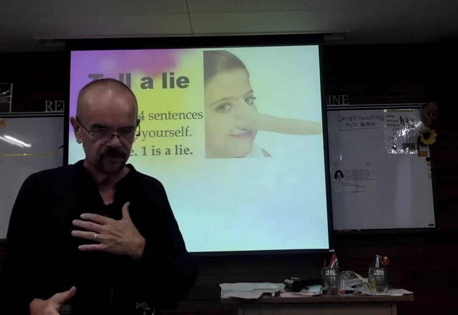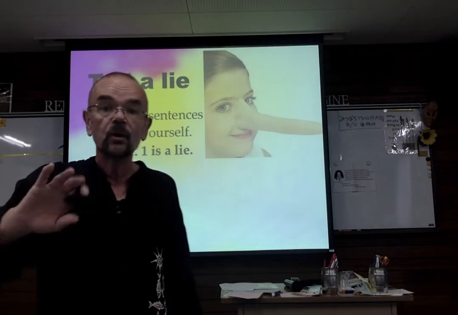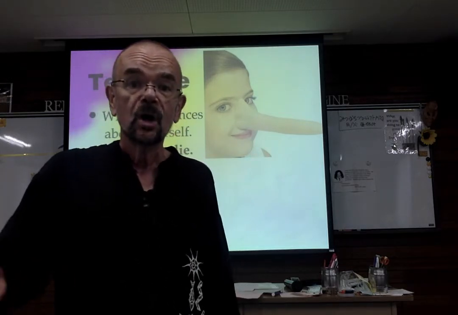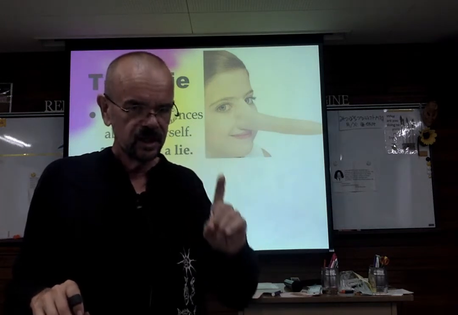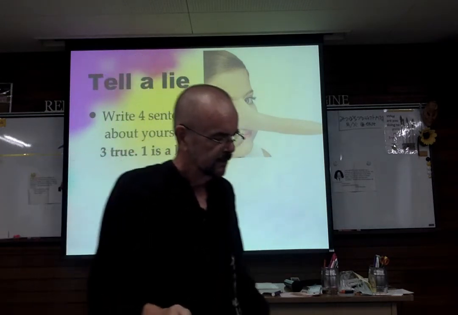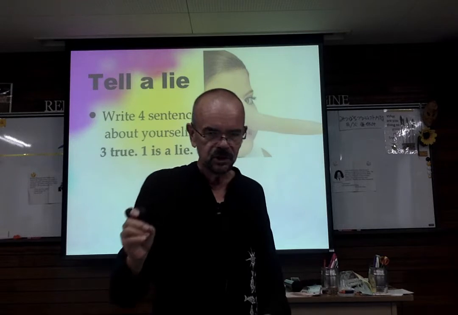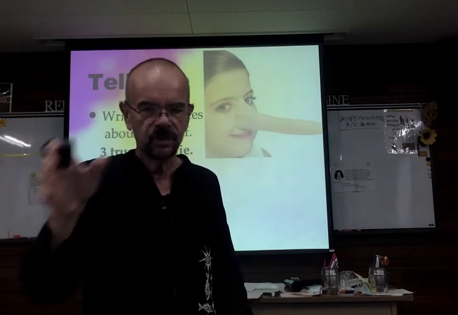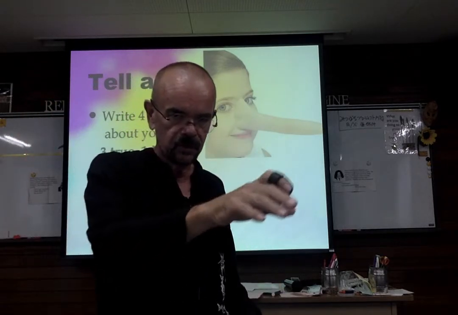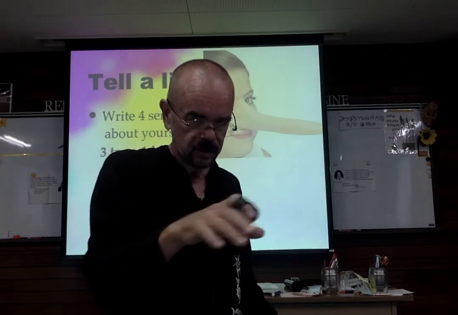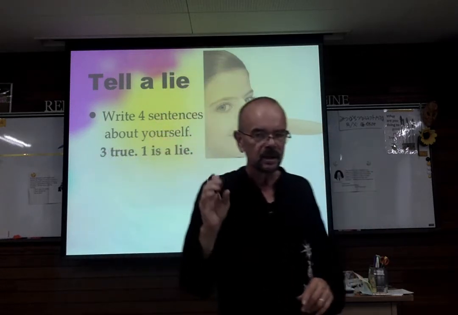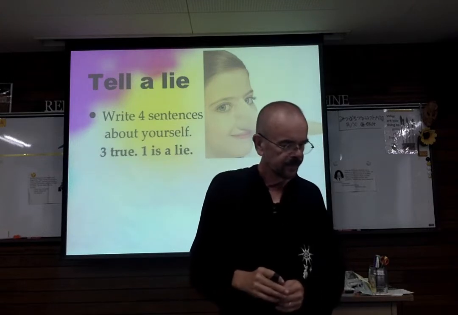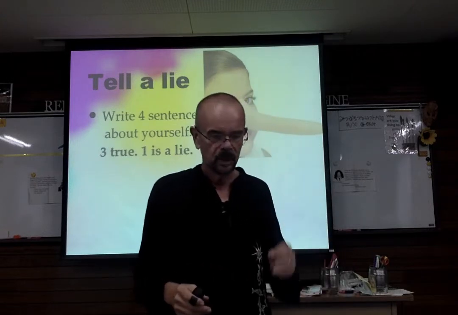I'll tell you my 4 sentences. Don't write all 4. Only write one sentence, the sentence you think is a lie. Okay? But please change it. I don't think you, or I don't think Mark. Okay? Listen, which one's the lie? Number 1.